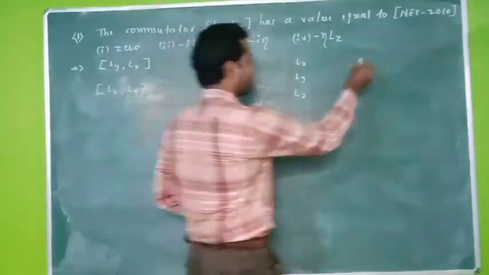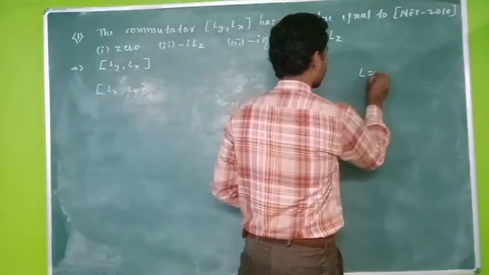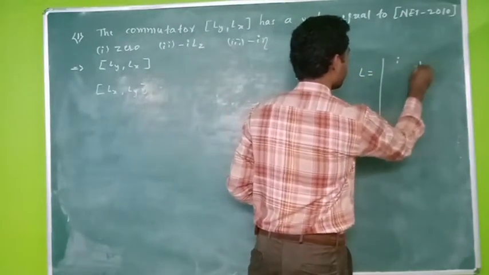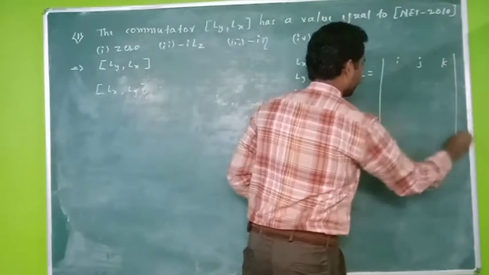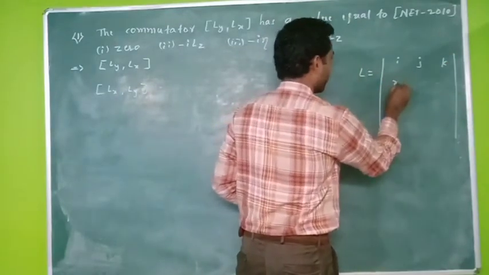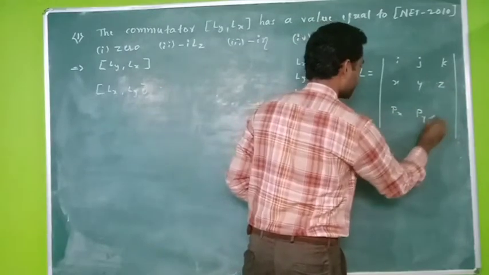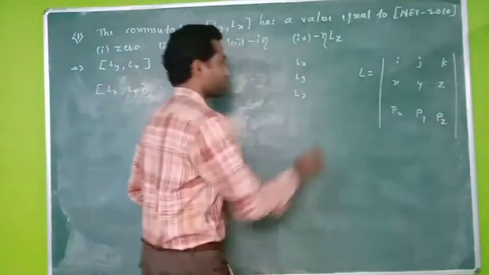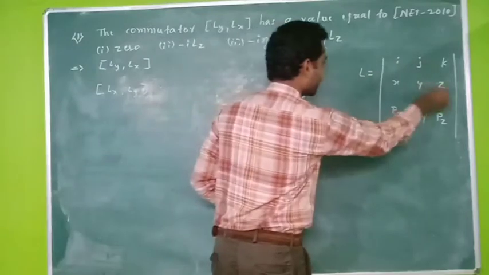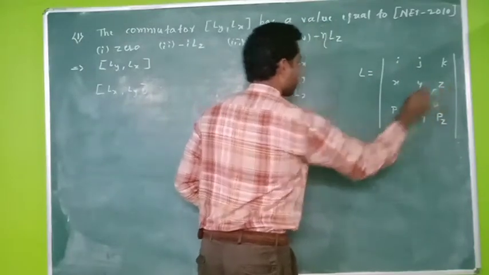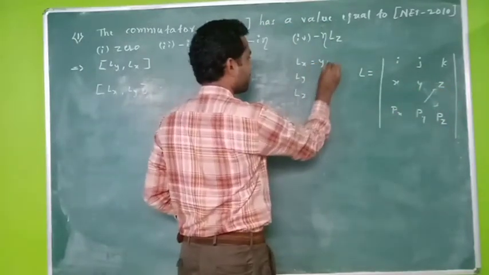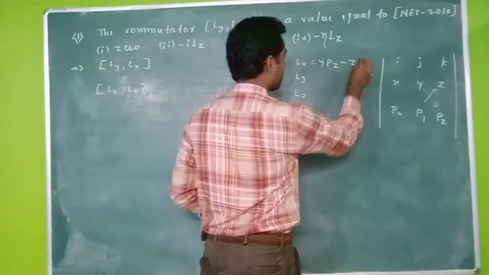For that, I have to use this determinant: i, j, k, L is equal to the determinant of x, y, z, px, py, pz. So Lx is equal to ypz minus zpy.